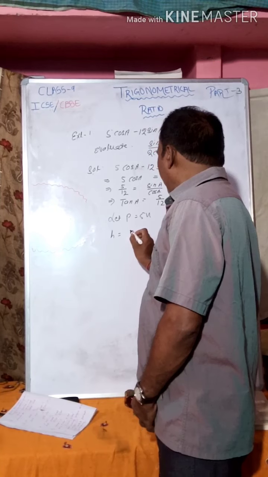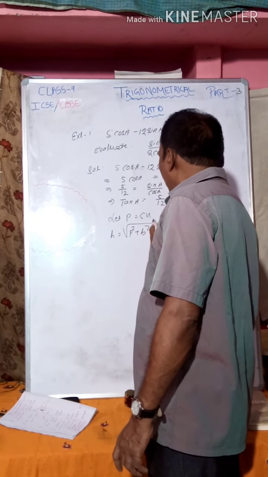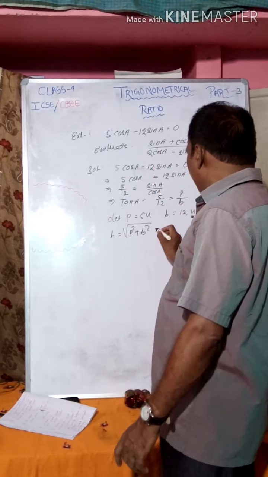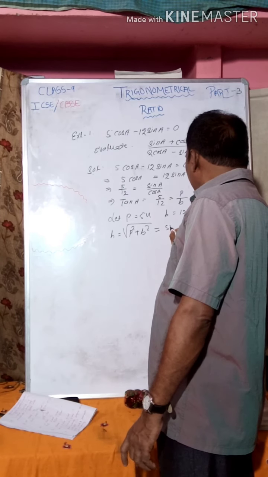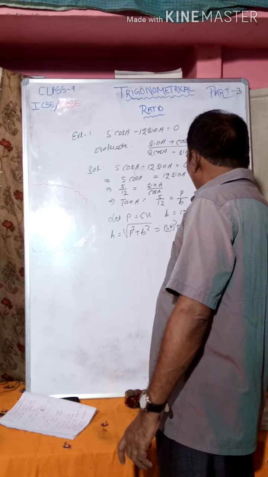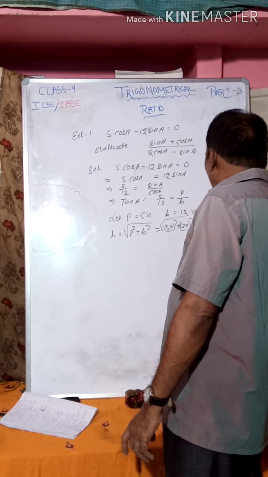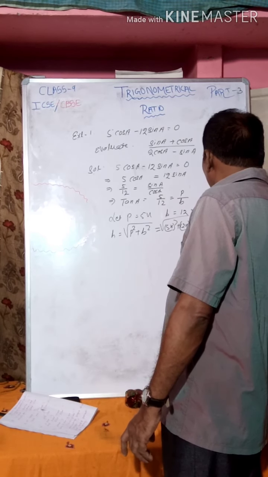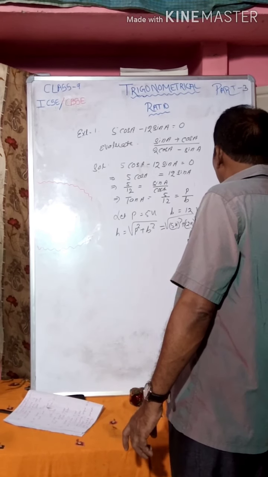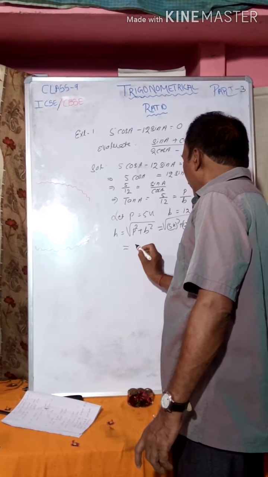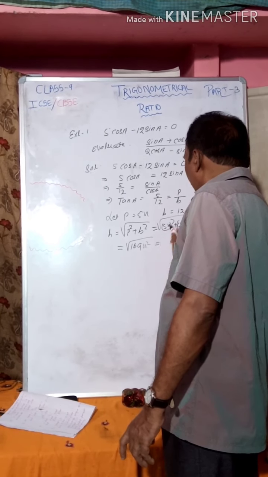H square is equal to P square plus B square, so H is equal to the square root of 5x whole square plus 12x whole square, that is the square root of 25x square plus 144x square, which is the square root of 169x square.